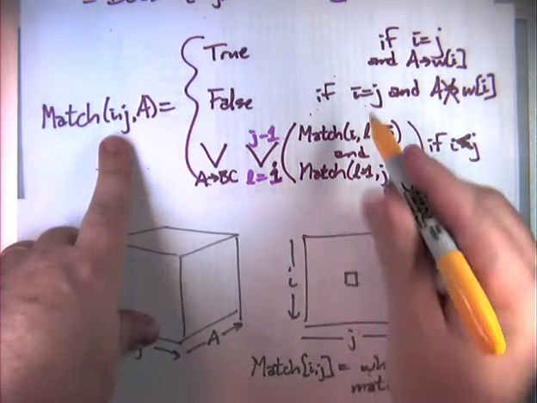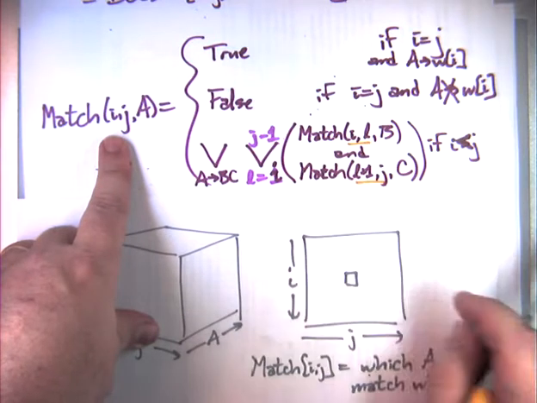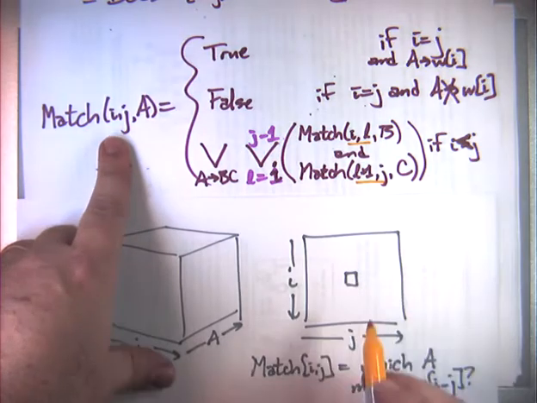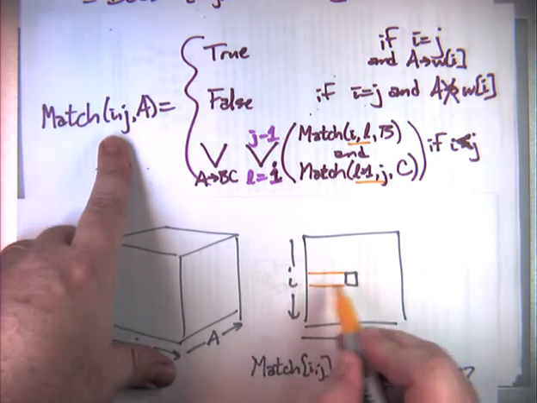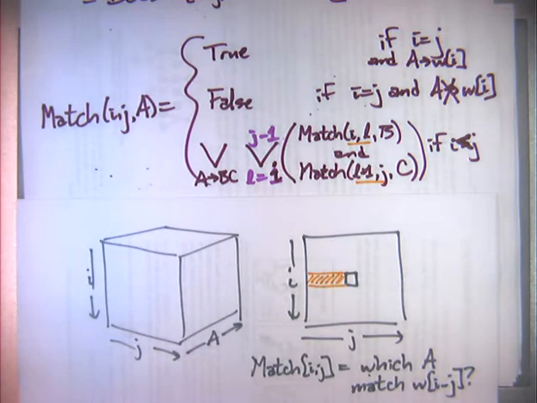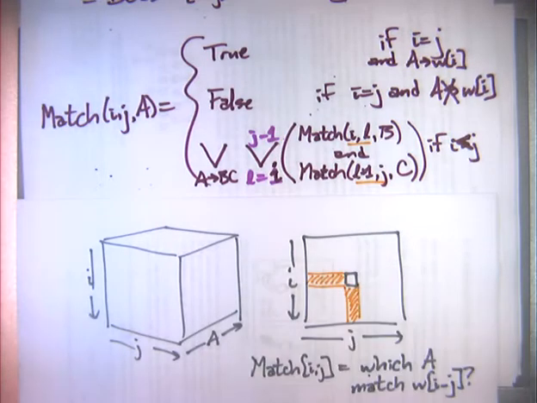One is the first stays the same and the second one gets smaller. The other is the first gets bigger and the second one stays the same. So I'm trying to fill in the spot i, j. I might need to look in the same row but in earlier columns: same value of i, smaller value of j. And I might need to look at things in the same column but in later rows: same value of j, but larger value of i.